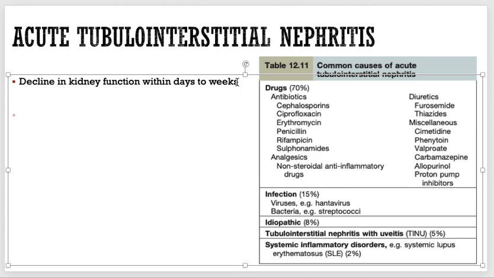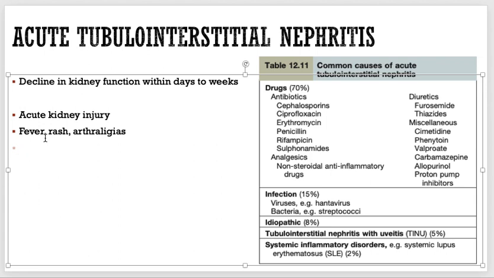Of course, the clinical features will be the features of acute kidney injury, right, which we are going to study in the next lecture. And whenever it is a hypersensitivity reaction to the drug, due to that hypersensitivity reaction the patient can present with fever, skin rashes, or arthralgias, and so on and so forth, like systemic features of a hypersensitivity reaction.